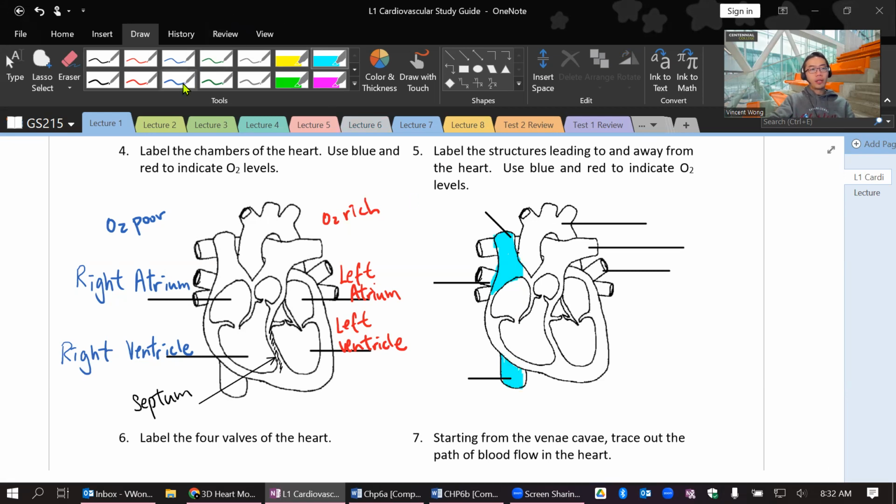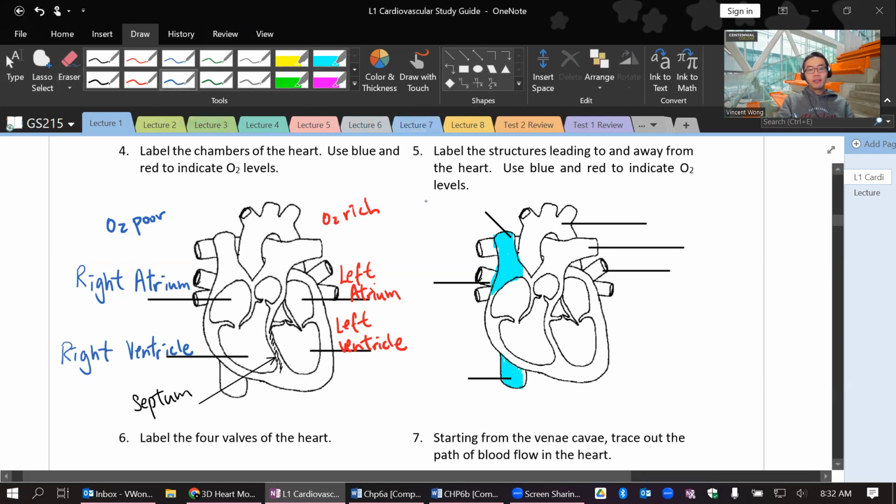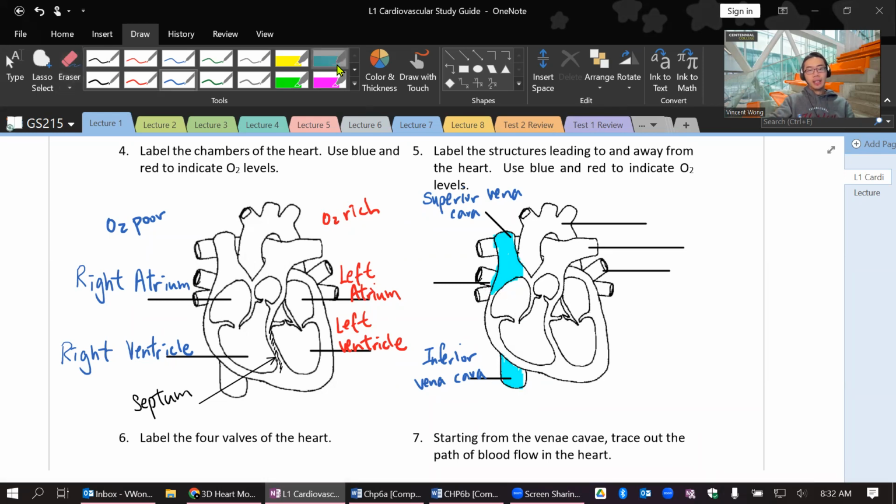Those are our superior vena cava, as well as the inferior vena cava, collecting blood from the upper part of the body as well as lower part of the body. And of course, they drain into the right ventricle.